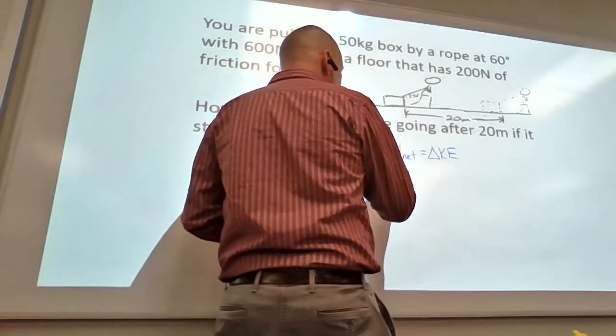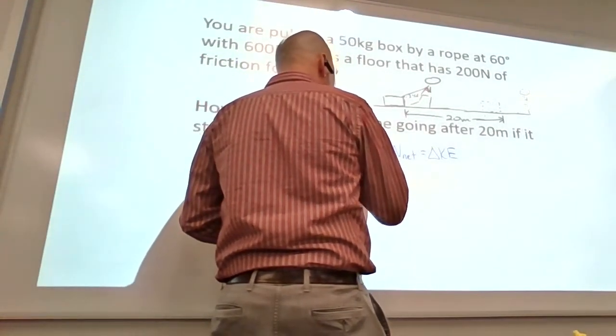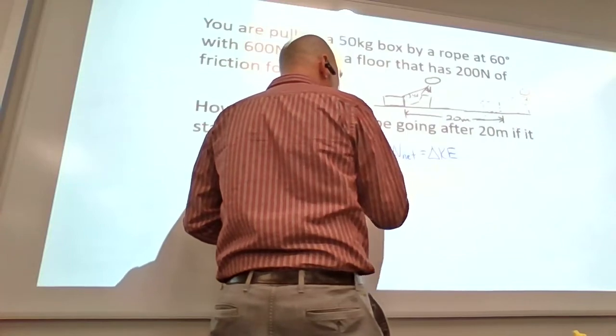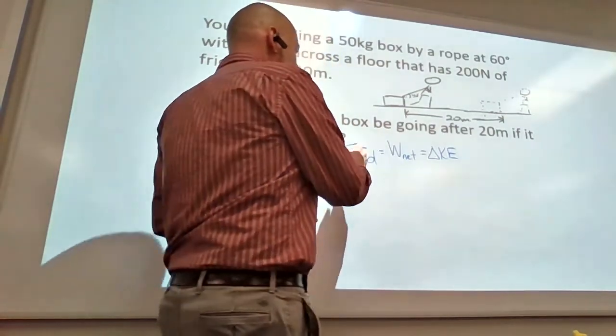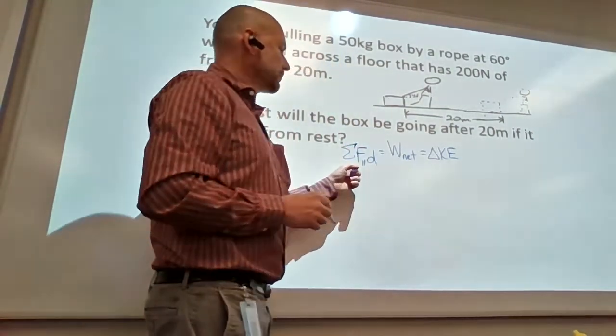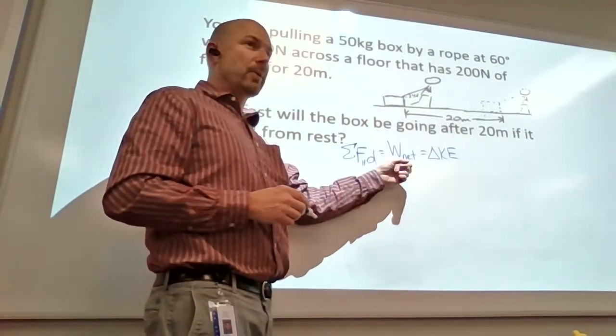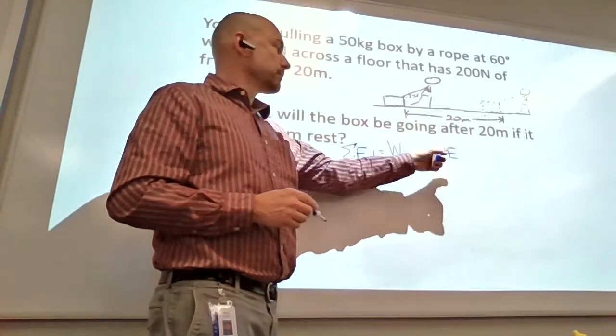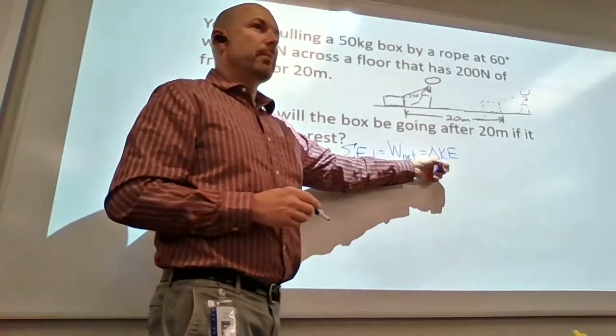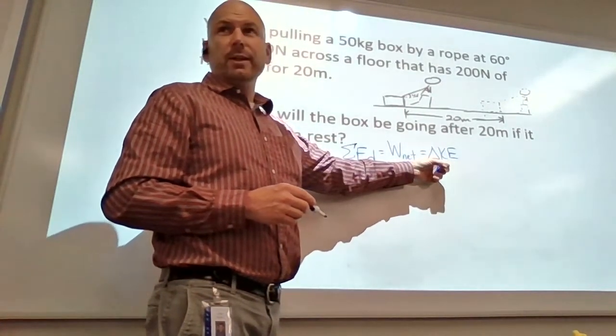Okay. So the net work you can find the way we did it yesterday: the total force acting parallel to the direction of motion times distance equals net work. Net work is also equal to the change in kinetic energy.